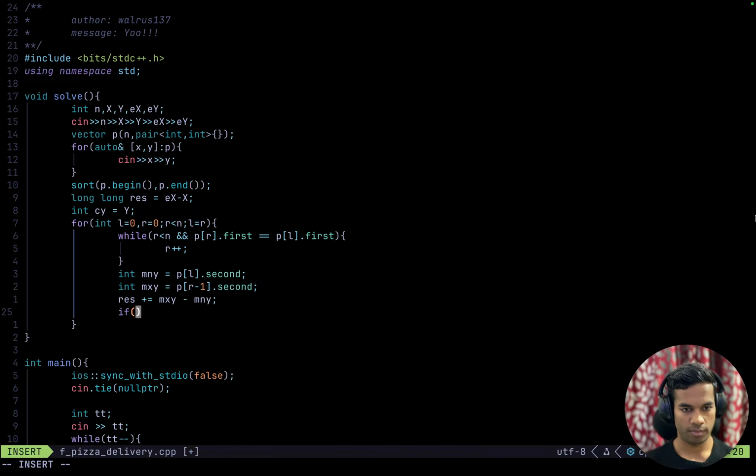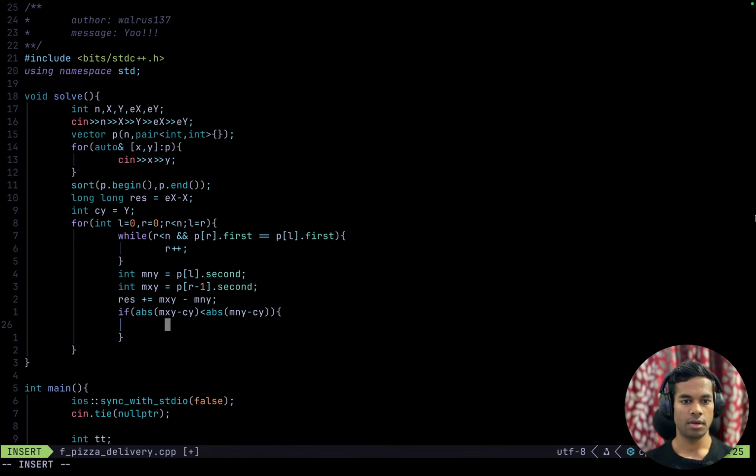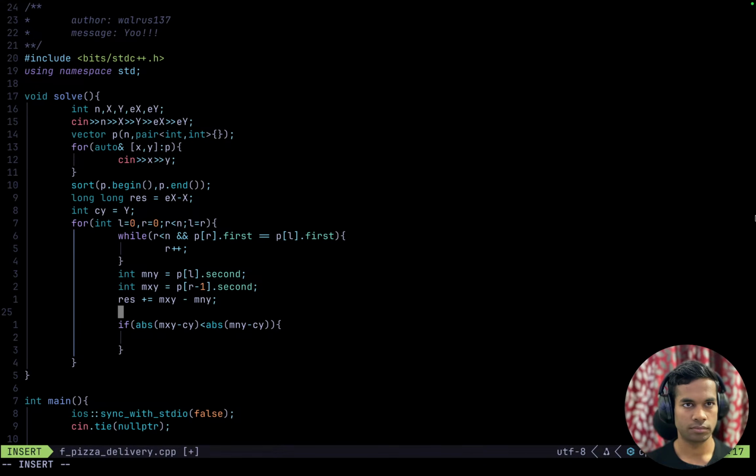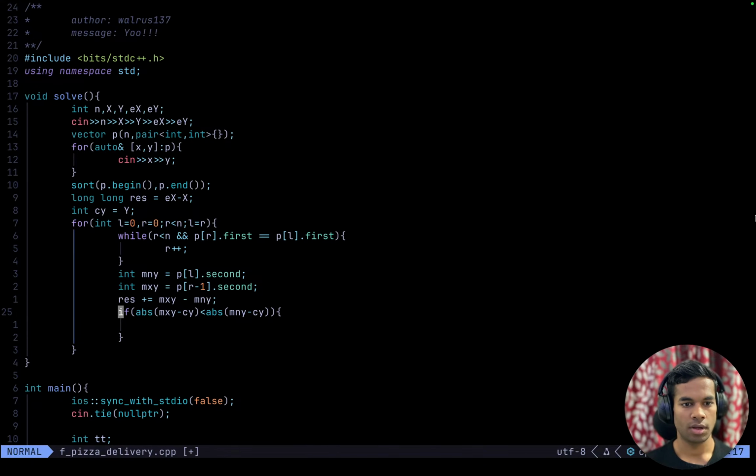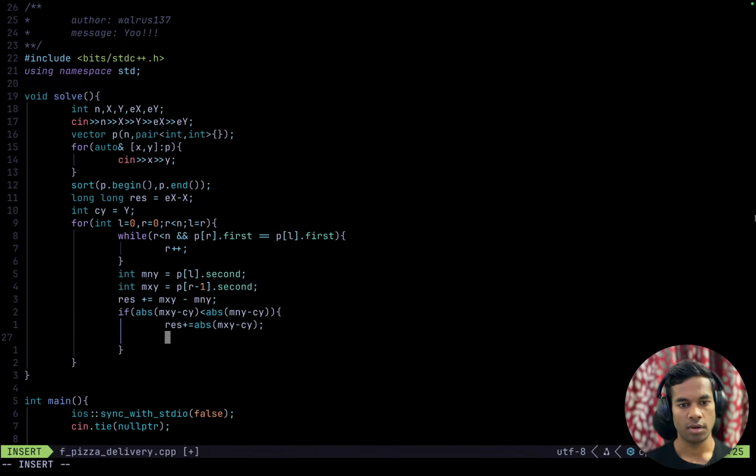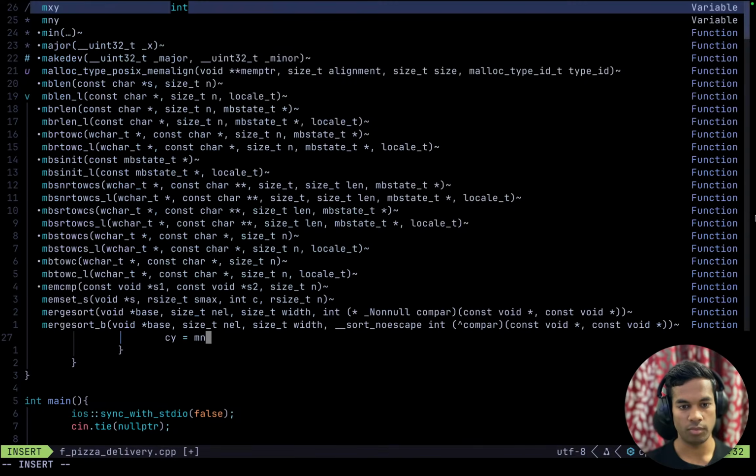If absolute value of maximum y minus current y is smaller than absolute value of minimum y minus current y, then we will go to the maximum y point and response plus equals absolute value of maximum y minus current y, and current y would become equal to minimum y.